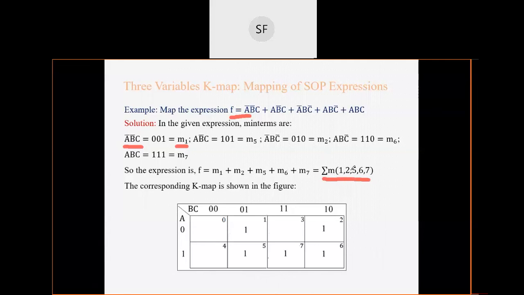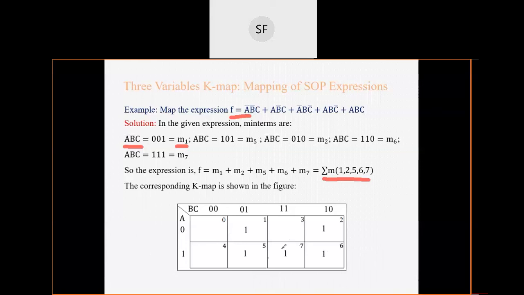Now you have to map this. So what do you have to do? Mapping is nothing but writing 1 wherever the minterm is present. Here you can observe 1, 2, 5, 6, 7. These minterms are present, so you have to put 1 there: 1, 2, 5, 6 and 7.